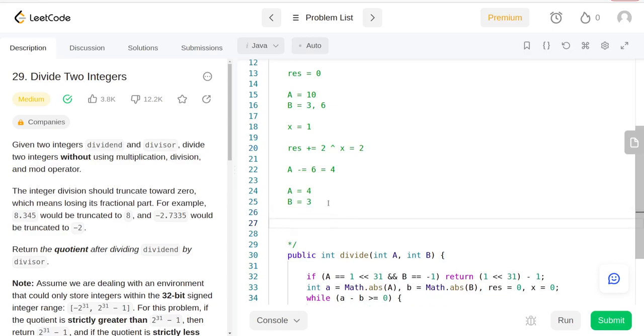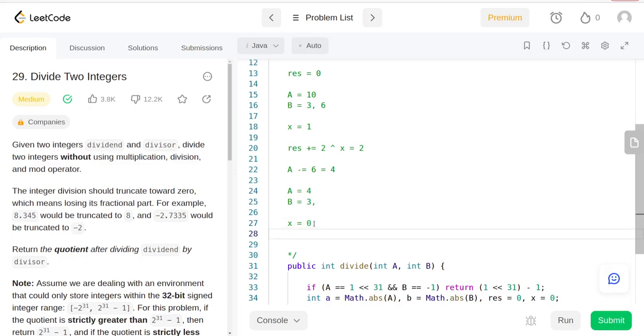So again we're gonna do the same thing. What would be the factor? And the factor means how many times you can multiply b by 2 so that it stays less than a, and that would be 0. And again the result, as I said, is gonna be equal to 2 raised power x.